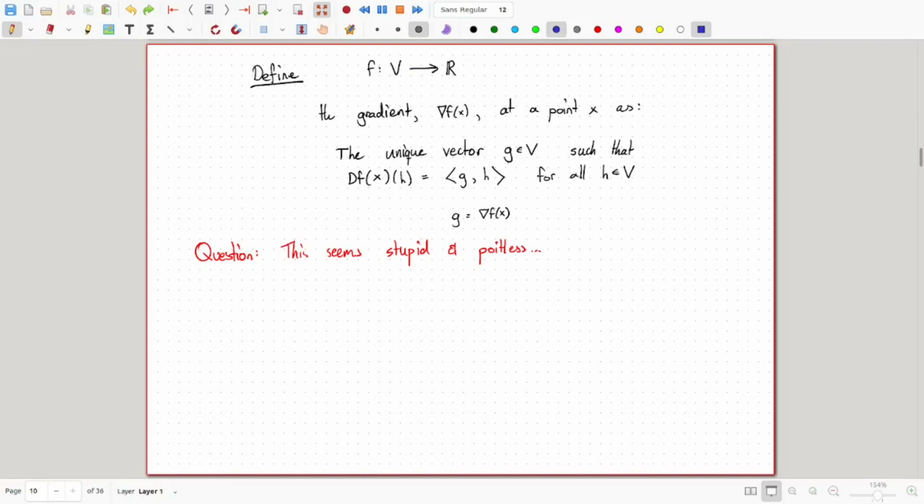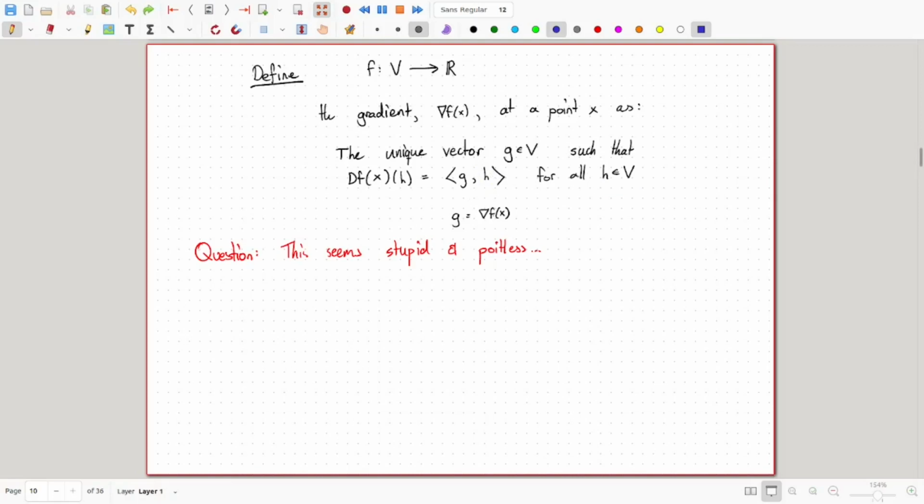So the unique vector g in the vector space V, such that the derivative at x evaluated at h is equal to the inner product between our mystical gradient vector and whatever h is, and this is true for every single h.